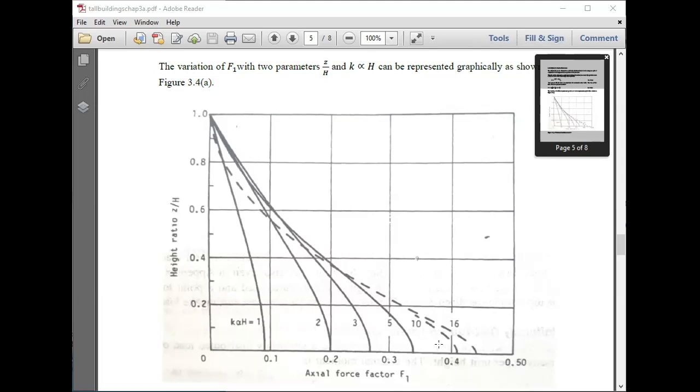kilonewtons. So M1 plus M2 is equal to M minus NL, and that gives 12,288 minus 941 into 8.5. That gives 4,289.